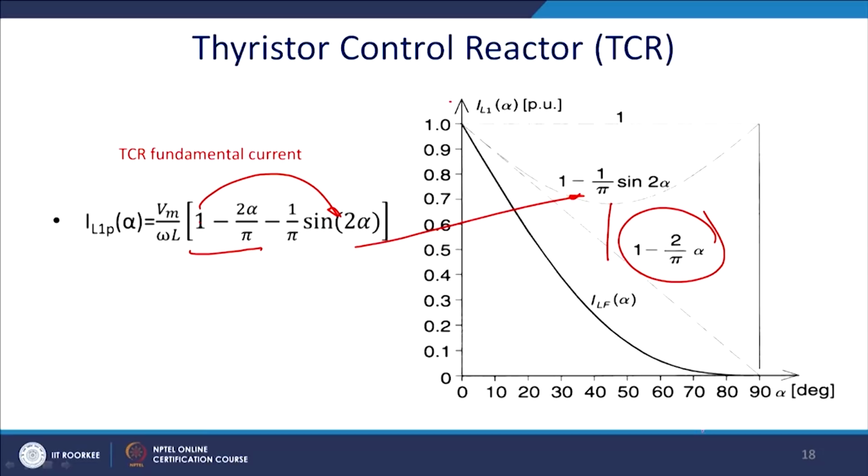At 45 degrees, and gradually at 90 degrees, this value reduces to 0. In that way, by changing alpha, the inductor current changes in this way.